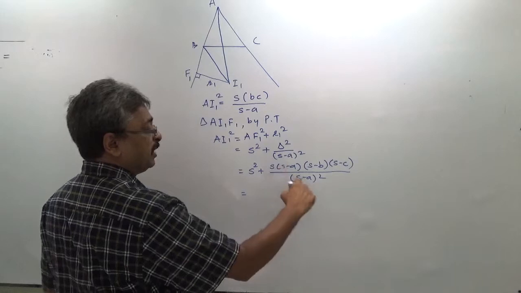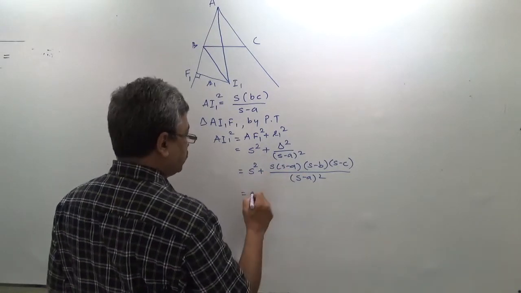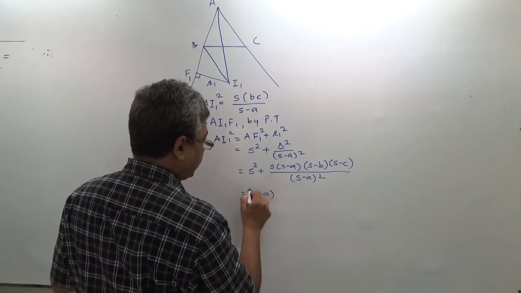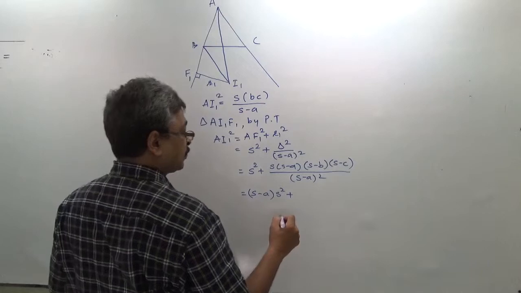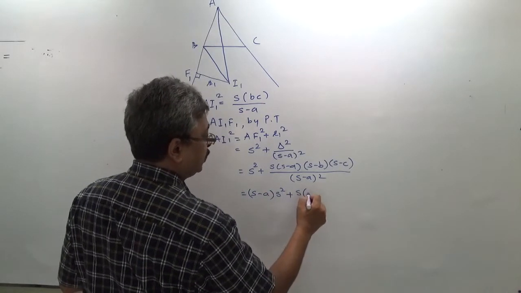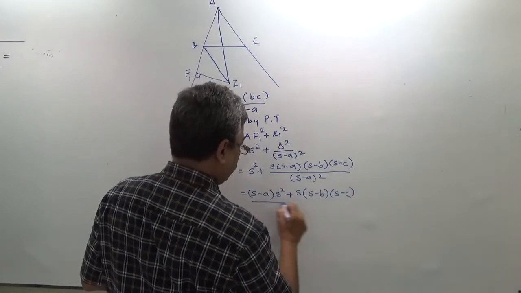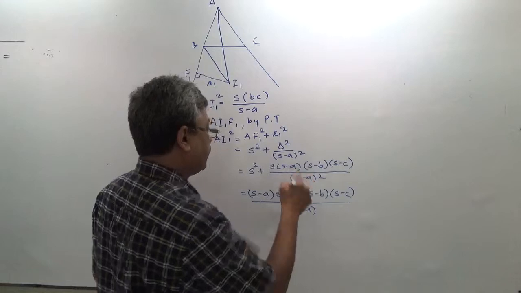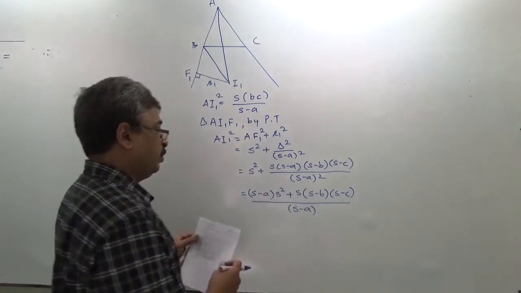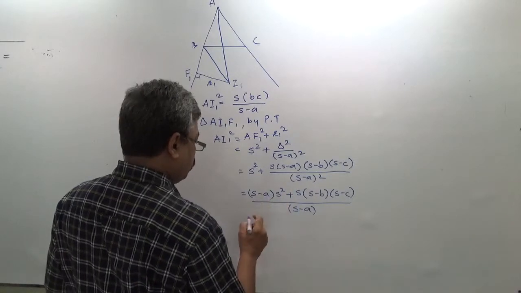If we simplify, one (s minus a) gets cancelled. Taking the LCM of this entire term, one (s minus a) will come here: (s minus a) inside the bracket, s square plus s into (s minus b) into (s minus c), whole divided by (s minus a). This will be the simplification. And now we can take out something common, which is s common from the numerator.